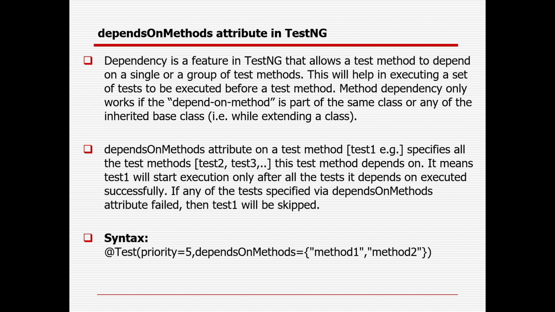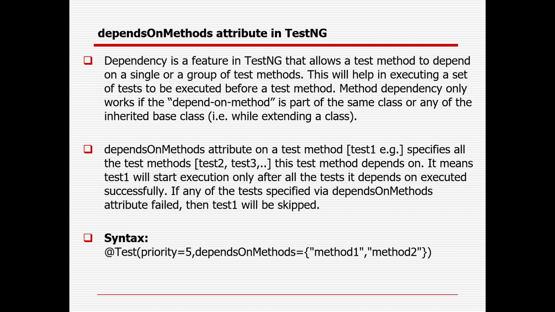So dependency is a feature in TestNG which allows a test method to depend on a single test method or a group of test methods. This helps in executing a set of tests before the dependent test method. Method dependency only works if the depended-on method is part of the same class or any of the inherited base classes. So the dependsOnMethods attribute on a test method specifies all the test methods it depends on.